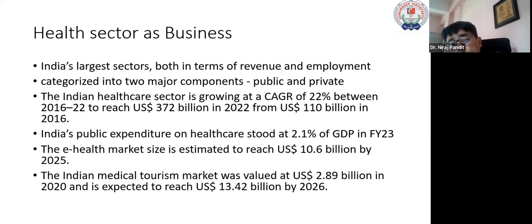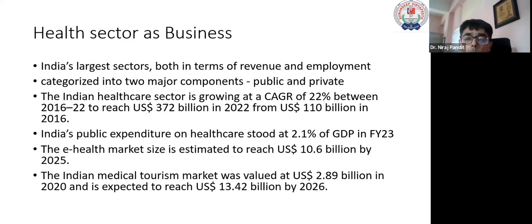See, now as a sector whole, there are a few facts I would like to present. It is India's largest sector, in terms of both revenue and employment. So this is very important. It is categorized into two major components, public and private.